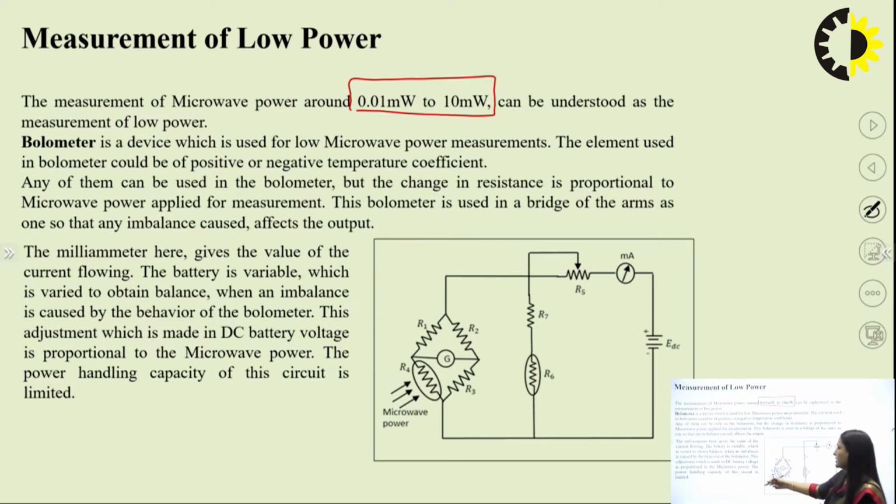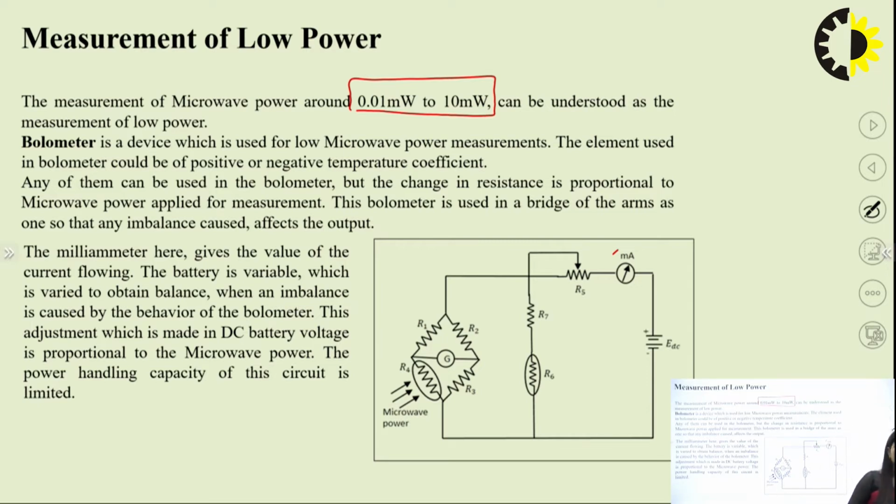So when this bridge arm becomes unbalanced, this complete system is going to balance it, and this balance is done by this circuit, and when this balance is given, then we are getting some reading at the milliampere meter, right? So this bolometer is used in one arm of the bridge, so that any imbalance affects the output.